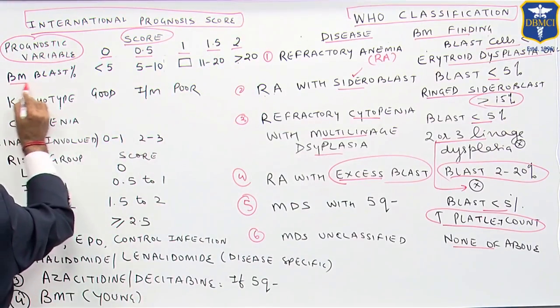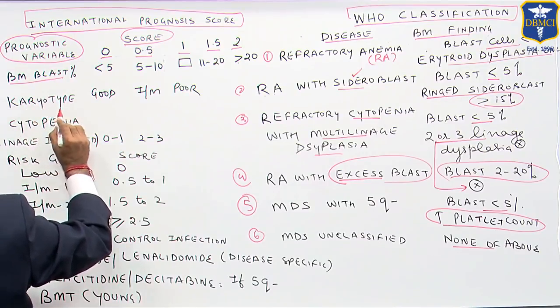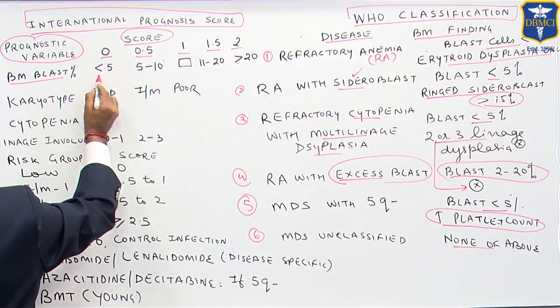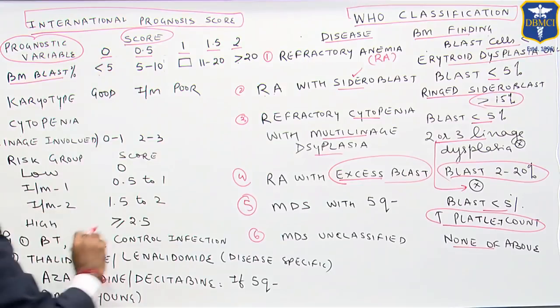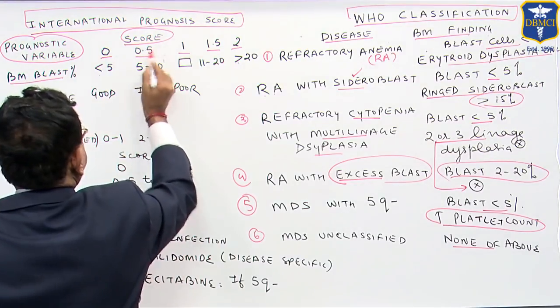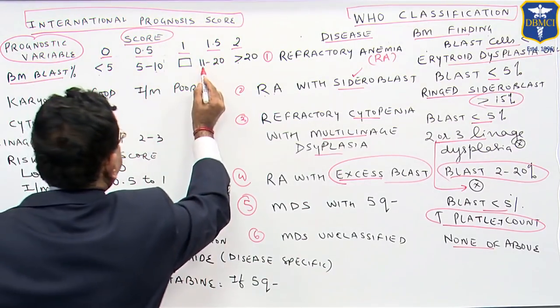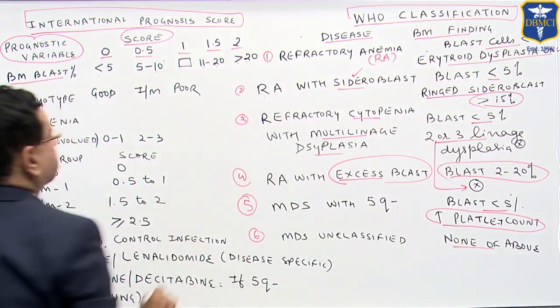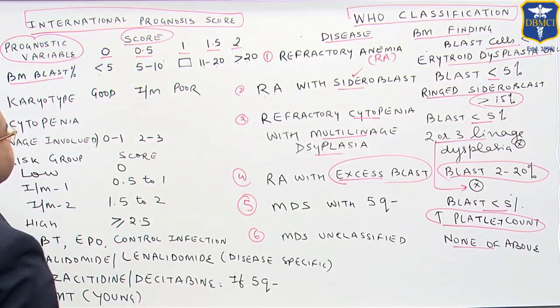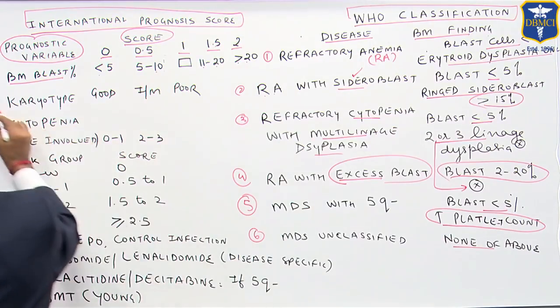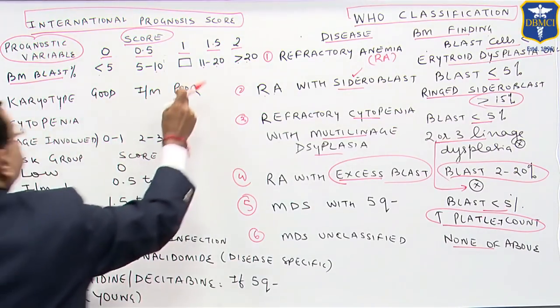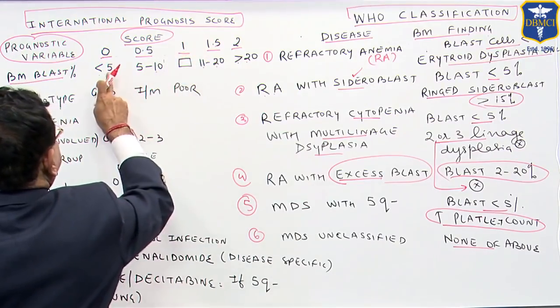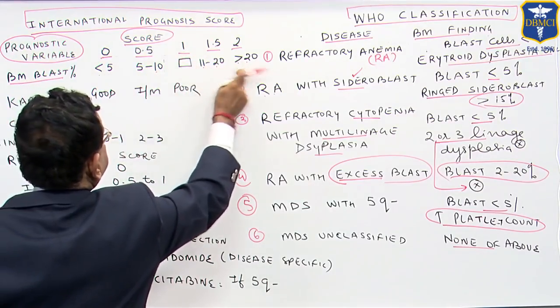Blast cells percentage: less than 5, 0 score; 5 to 10, 0.5; 11 to 20, 1.5; more than 20 is 2. Point to note, there is nothing like 1.